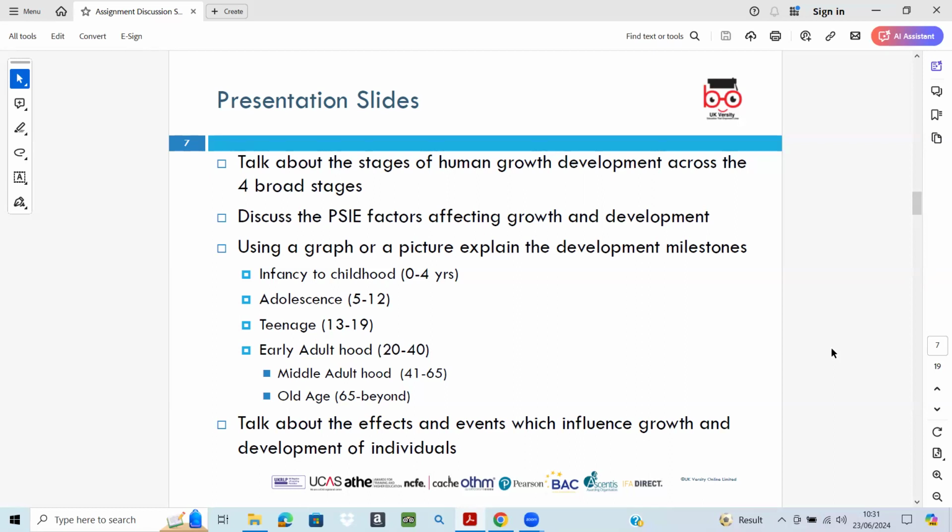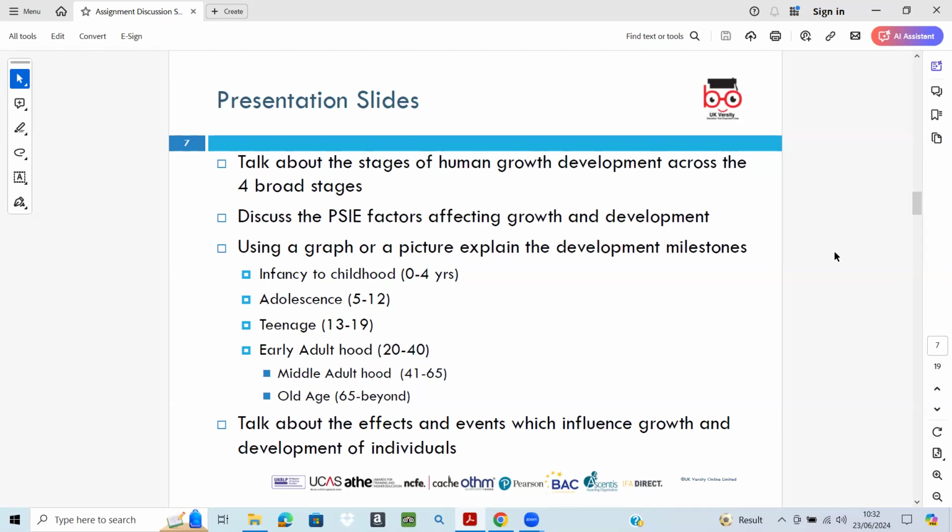So for slide one, that is about the title slide. So okay, here they have said to talk about the stages of human growth and development across the four broad stages. We need to discuss the PSI factor using a graph or picture explaining the development milestone.